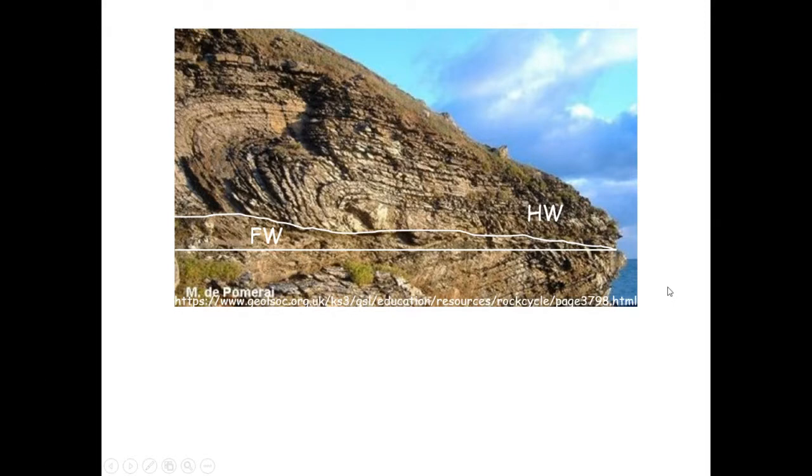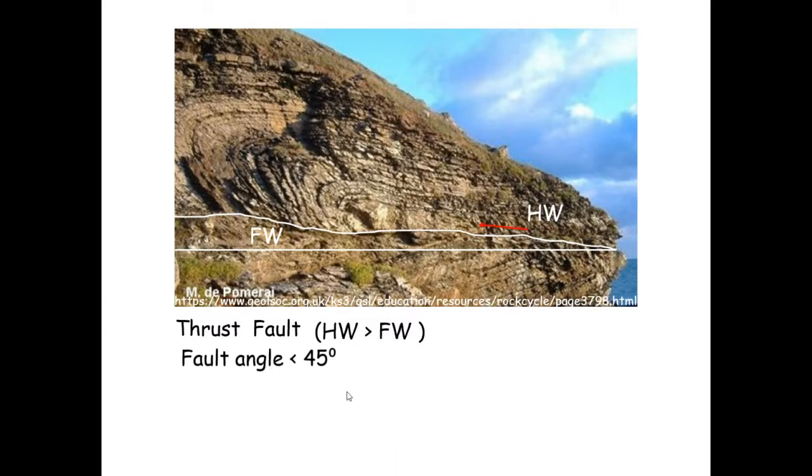When you have this type where the hanging wall moves up relative to the footwall, this is what's called a thrust fault. It has the same movement as a reverse fault, except the fault angle is less than 45 degrees. I won't make you determine which is a reverse fault and which is a thrust fault. Just remember, if the hanging wall moves up relative to the footwall, we're going to call it a reverse fault.